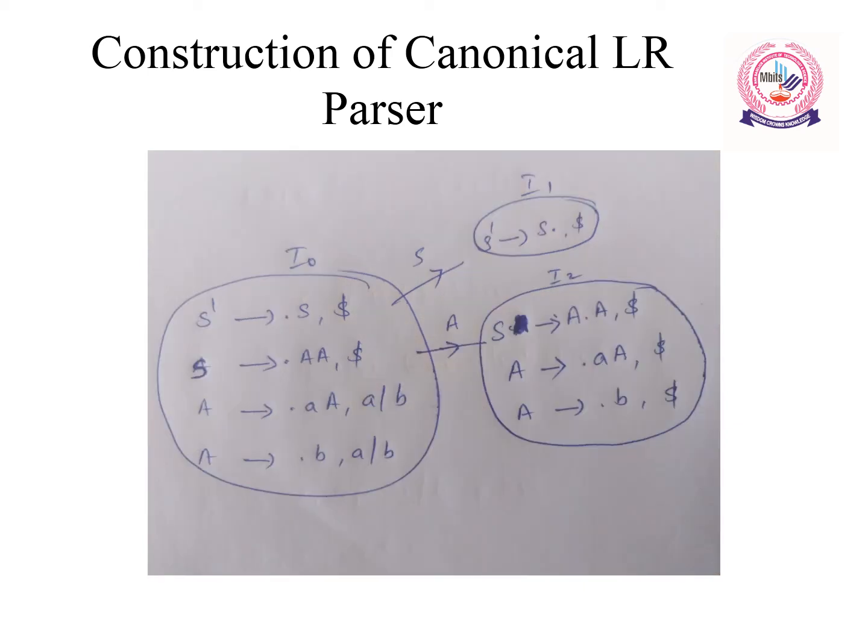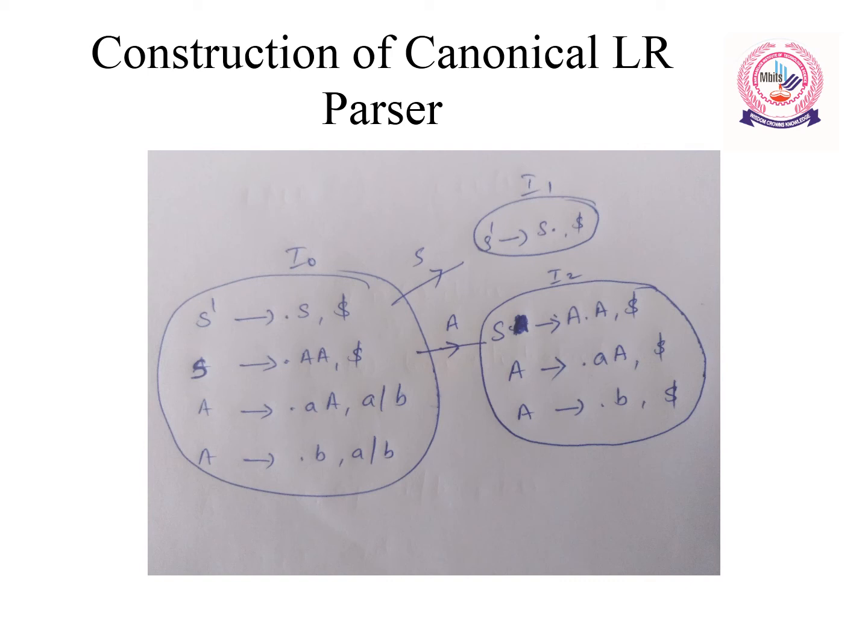Next, we are going to perform the goto of A. What is goto of A? We will get S gives A dot A, because the dot is moved to the position after the A. And how does this dollar come?